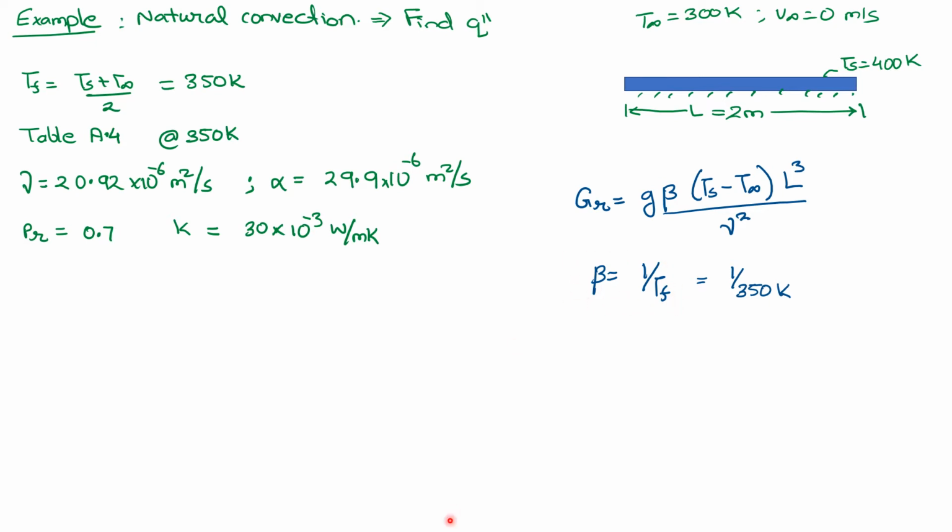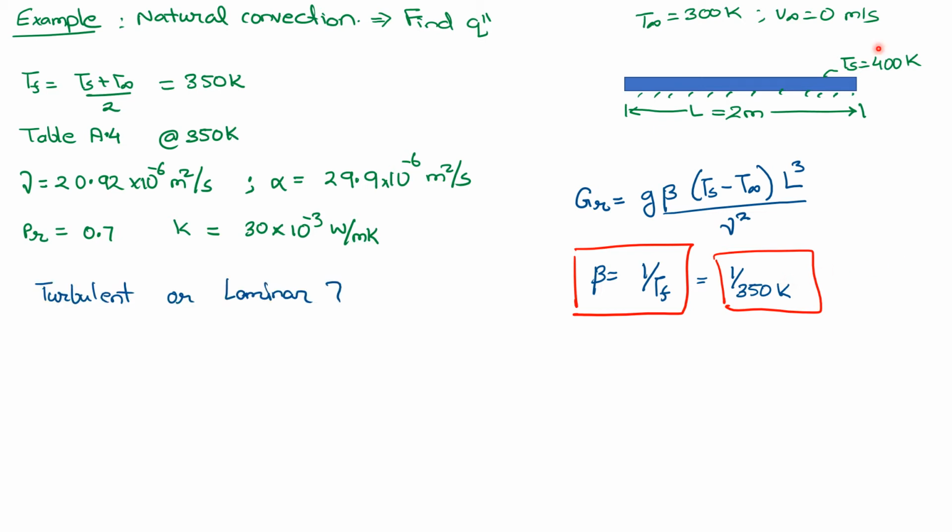So our thermal expansion coefficient will be 1 divided by the film temperature, so it will be 1 divided by 350 Kelvin. And please note that the temperature while finding beta must be in Kelvin. It has to be the absolute temperature.